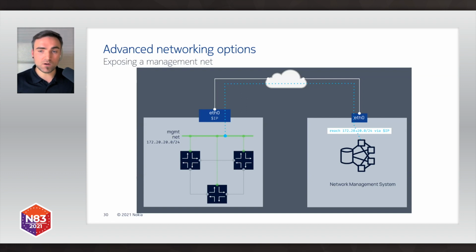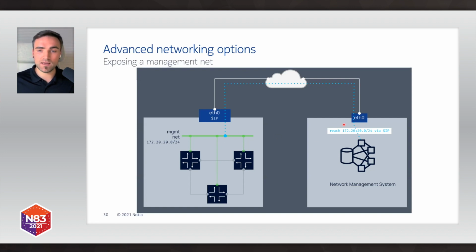This route says: to reach the management network that Containerlab creates, and by default we use the 172.20.20 network, use the IP address of the machine that hosts Containerlab. By doing that, you will be able to stitch your NMS with your lab. So that is one of the ways.